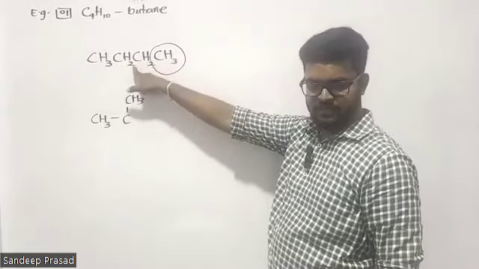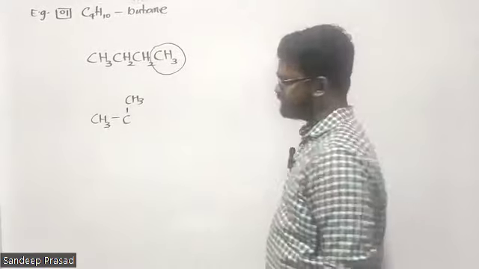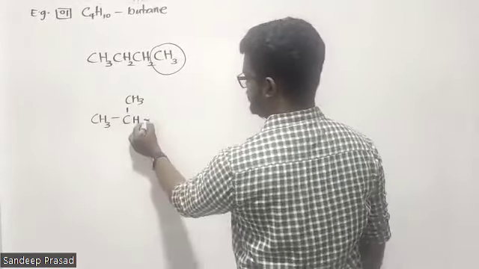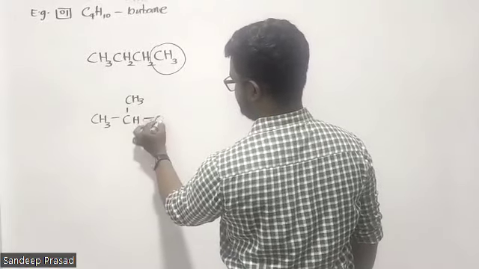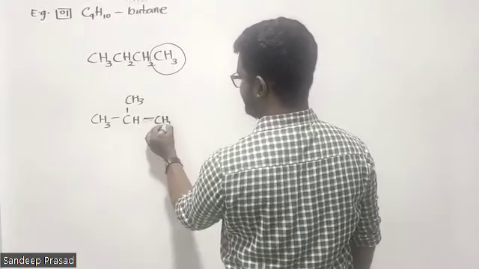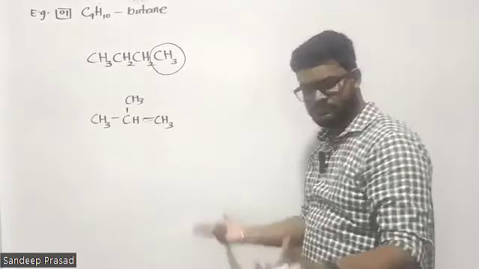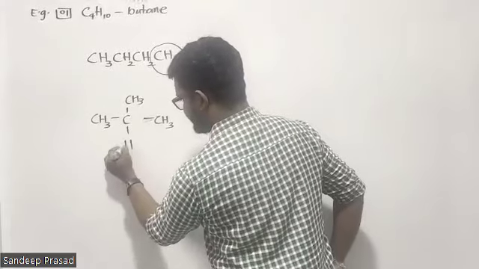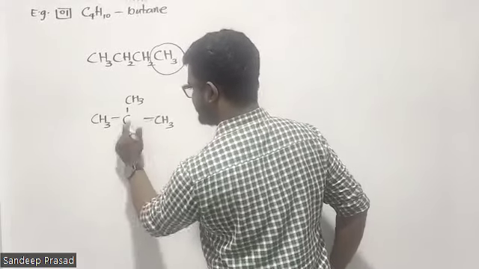You take one hydrogen there and connect this CH3 there. Then the remaining hydrogen is there, CH2 also there, and connect that hydrogen here. Then CH2. Done. So without writing hydrogen here, we can write down that hydrogen here also.